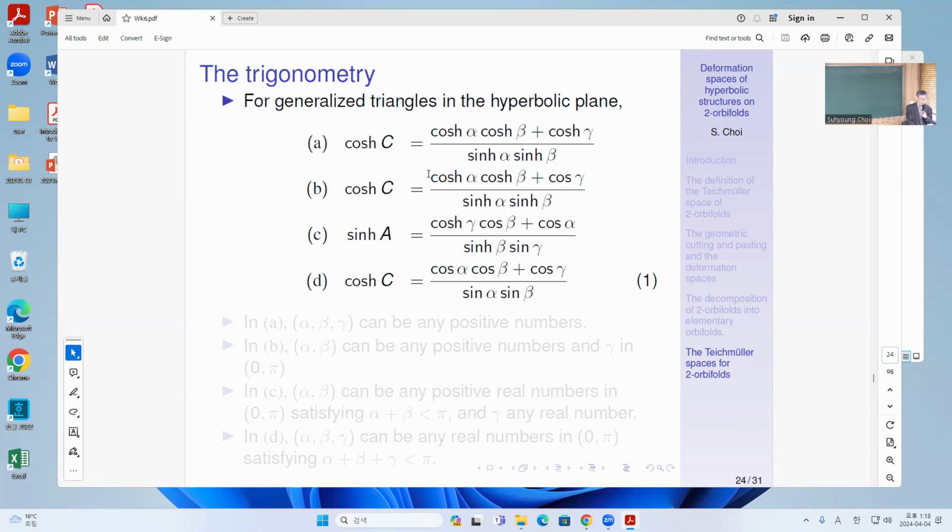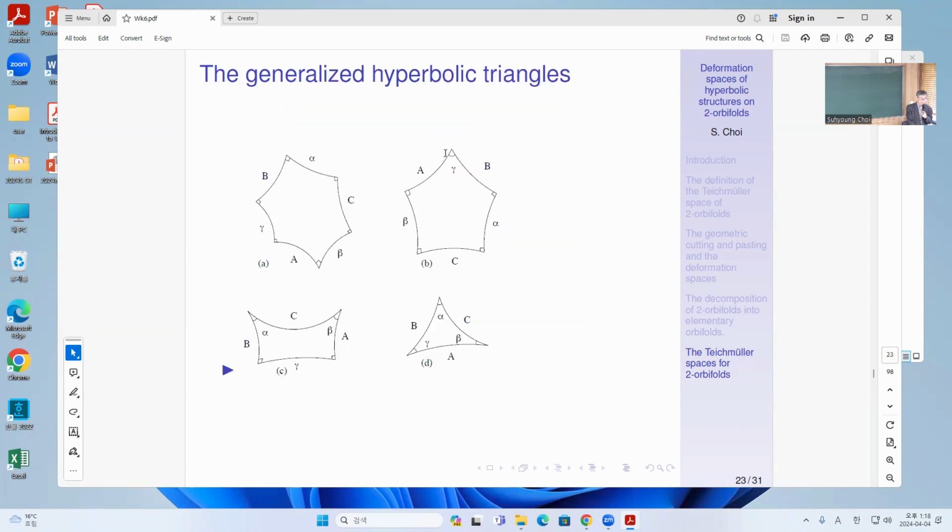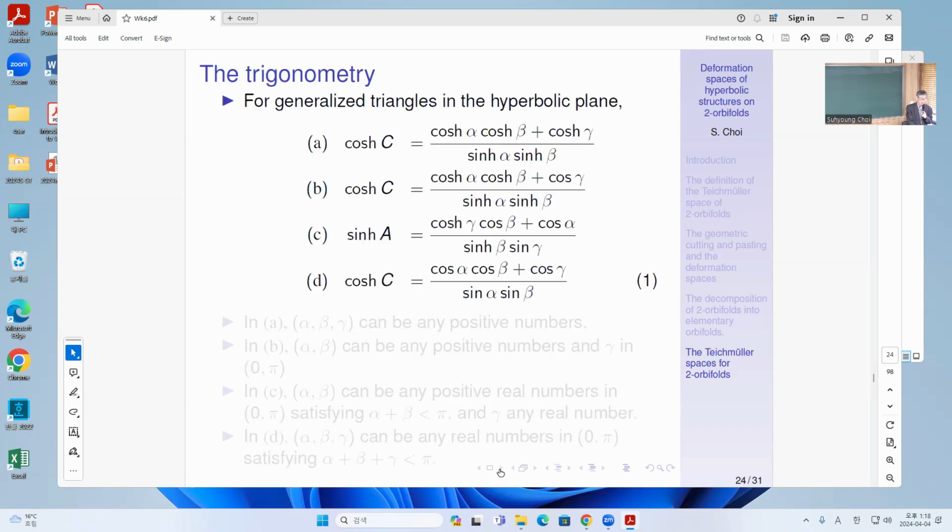And then for the next one, this is for the quadrilateral here, and this one is again the same, right? The only thing is that gamma is now the real angle here. So instead of cosh, you get a cosine. So you can consider these continuous.